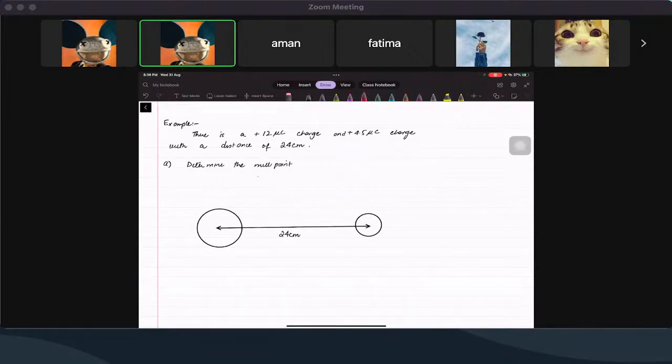At some point, of course, there is going to be a null point, and at the null point we have a test charge placed, say Q. This is positive charge, this is positive charge, this is 4.5 microcoulomb, this is 12 microcoulomb.